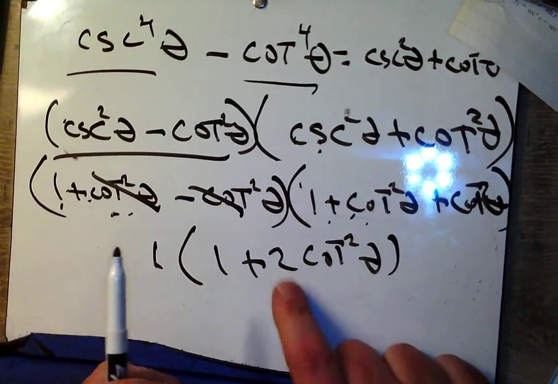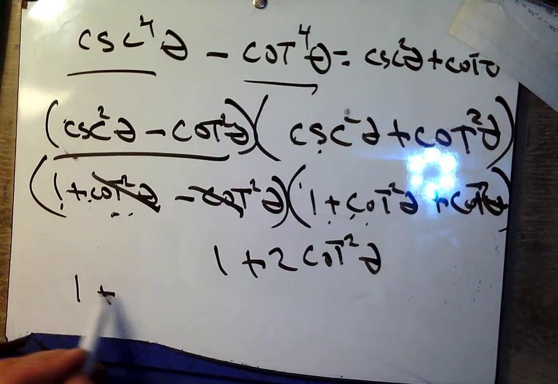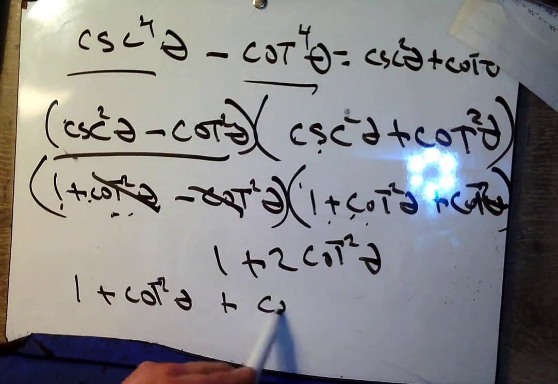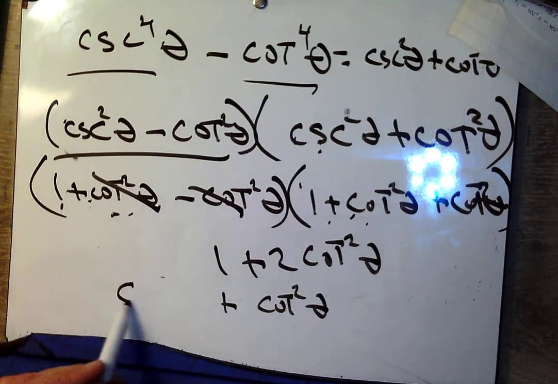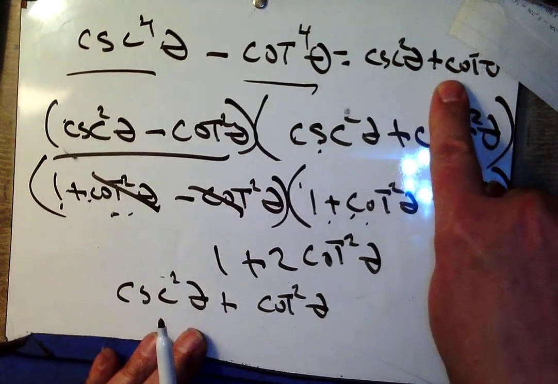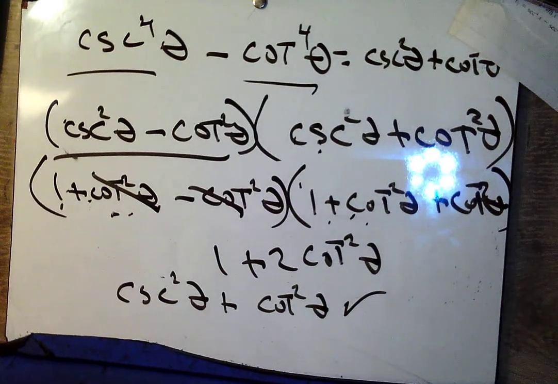Well, maybe I should write this as 1 plus cotangent squared plus cotangent squared. No, because that's getting me cosecant squared. Oh, that's what I wanted. Oh, look at that. So yeah, you can definitely do it that way.